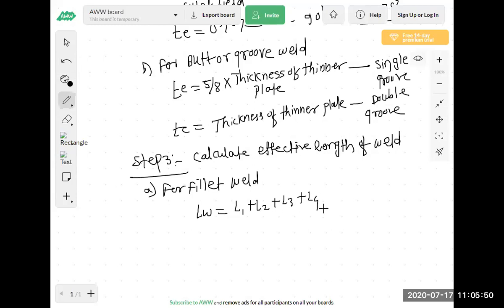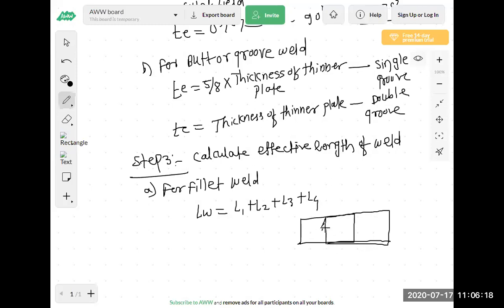So what is L1, L2, L3, L4? L1 is the length of weld, L2 is again length of weld, L3 is again length of weld, and L4 is again length of weld. But how? See, if these two plates are connected by a lap joint, how many faces can we weld?